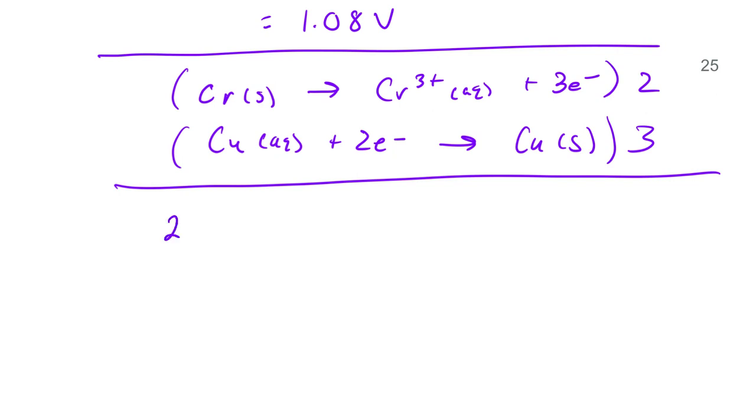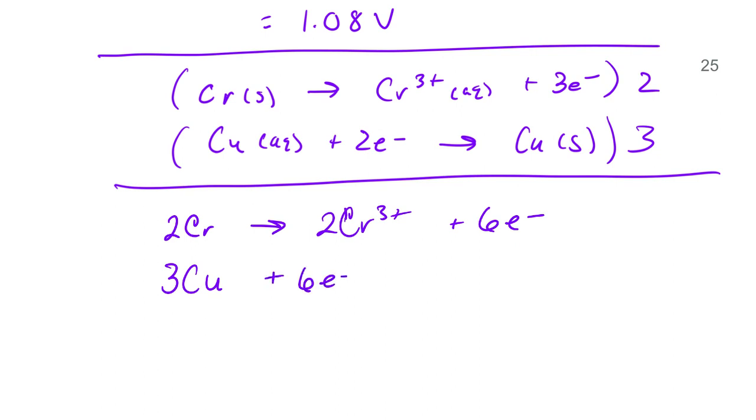We're going to get 2 chromium, I'm going to leave off my phases at this point, 2 Cr3+ plus 6 electrons. For the second half reaction, I'm going to have 3 copper 2+ plus 6 electrons forms 3 copper solid. Sorry, I missed a charge. 2 plus.